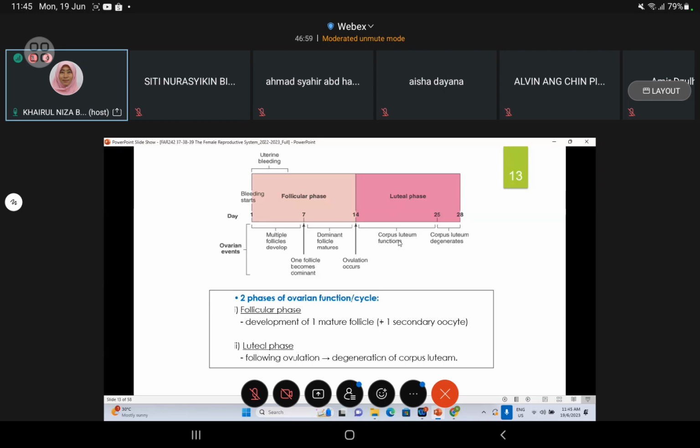But after about 12 days, it starts to degenerate and becomes corpus albicans. Corpus albicans does not have any endocrine function. And because of that, inhibition on the follicle stimulating hormone by the anterior pituitary will be blocked. Okay, since it's no longer blocked, the new cycle will start to begin. The new cycle begins.